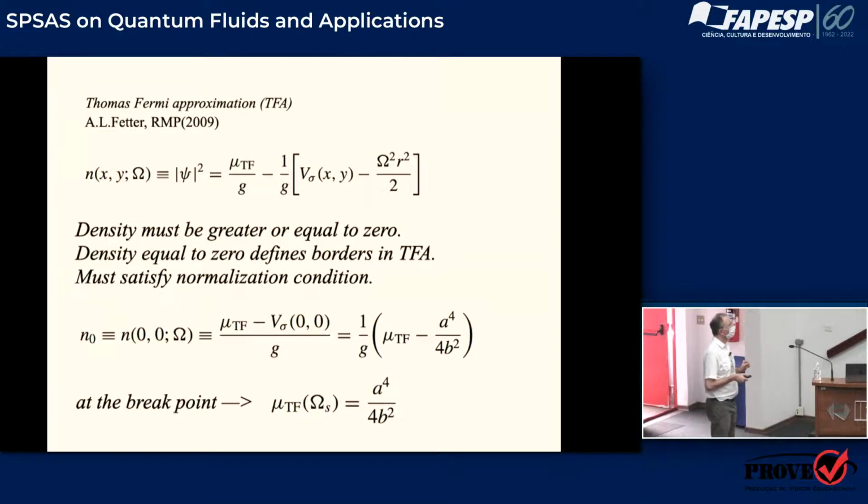And at the breakpoint, you must have n naught equal to 0. The density of the condensate must be 0 at the breakpoint. Of course, when you stretch the condensate and finally it starts to break in the middle, you should have the density equal to 0. So from here, you immediately obtain an analytical result that will be very important for us, that mu Thomas Fermi is equal to A squared over 4B squared.